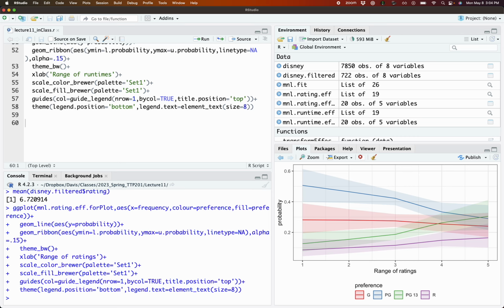Because we do know that shorter runtime would be more favoring the G-rated movies. So maybe this goes up, maybe the blue line goes down a little bit, maybe the R goes down, maybe the green goes, I don't know. So these lines would all shift in some way.